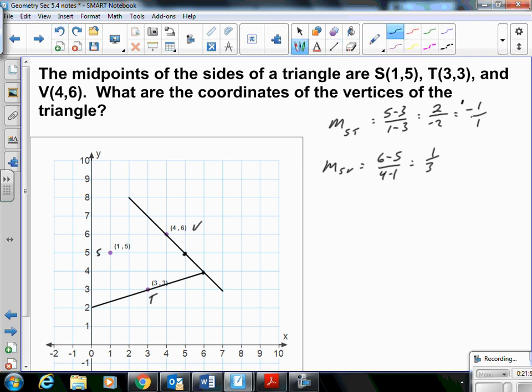And then one more slope. A slope of, probably not done yet, VT. So it's going to be 6 minus 3 over 4 minus 3, or a slope of 3 over 1. So from S, we're going to go up 3, 1, 2, 3, and over 1. That puts us right there.